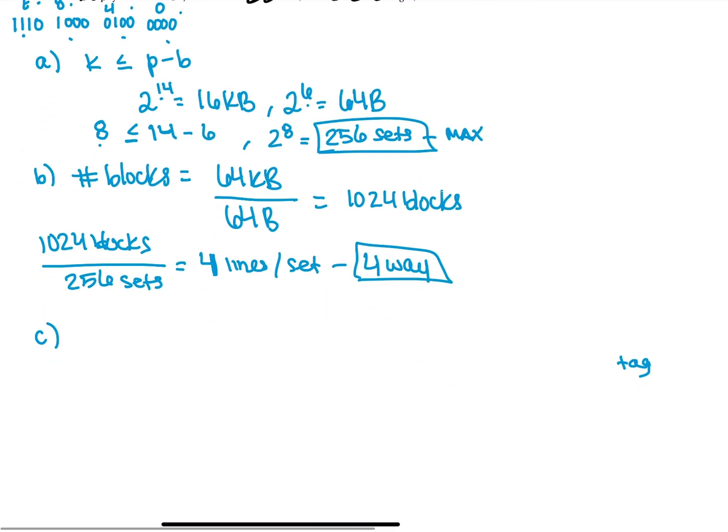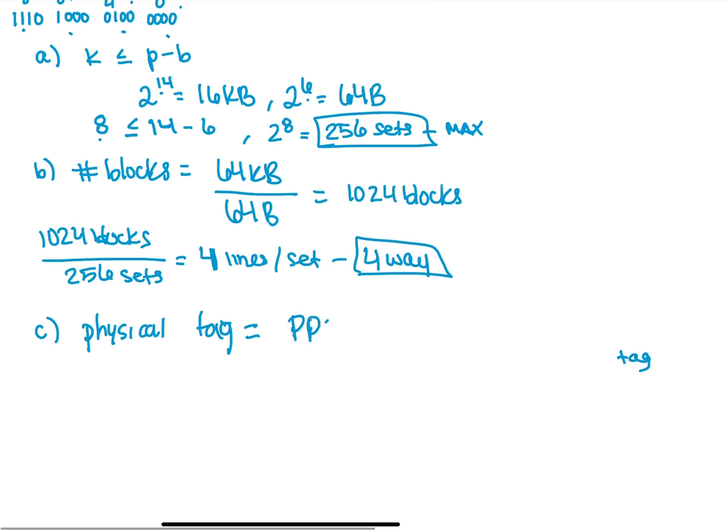One thing to realize is that the physical tag equals the PPN. Since K plus B equals 14, which is the same thing as P, the tag boundary lands on the page boundary.